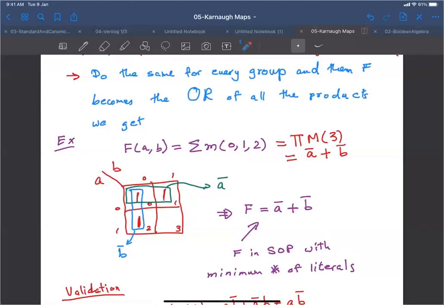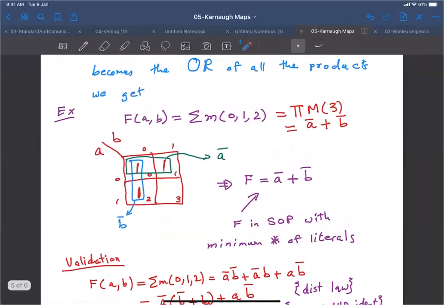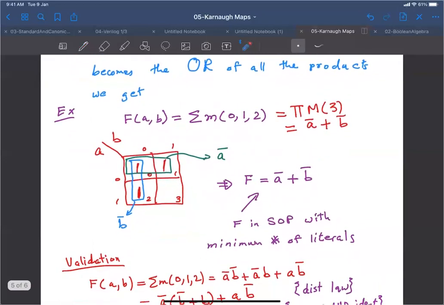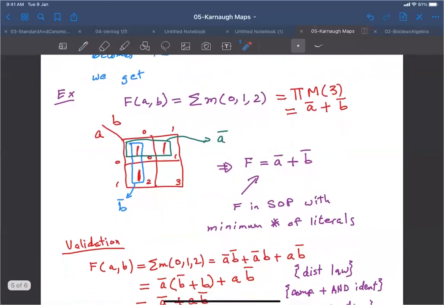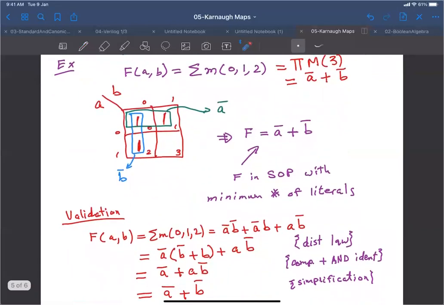So let's do a validation now. Let's perform Boolean algebra to do a validation. We still have 4 more minutes. So what is 0, 1, 2? Min-term number 0 is A complement B complement, ORed with A complement B, ORed with A B complement, right? Then you can take A complement as a common factor between these two.